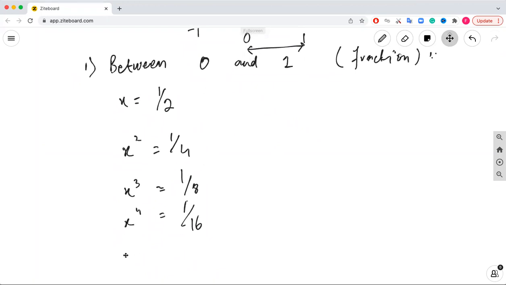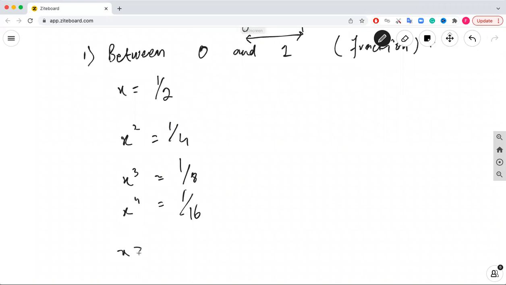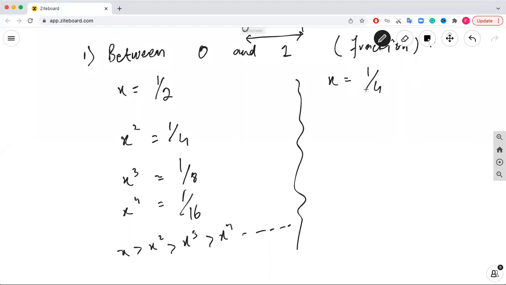So this means x is greater than x square, is greater than x cube, is greater than x to the fourth, and so on, right? But inversely, if we take the roots of this number, let's suppose to make things easy, I take 1/4 from the range 0 to 1.